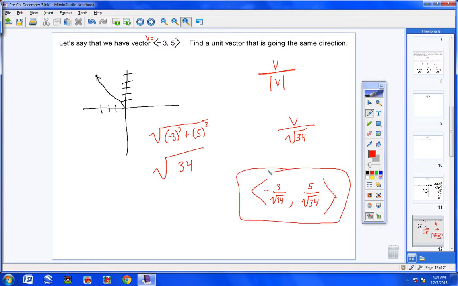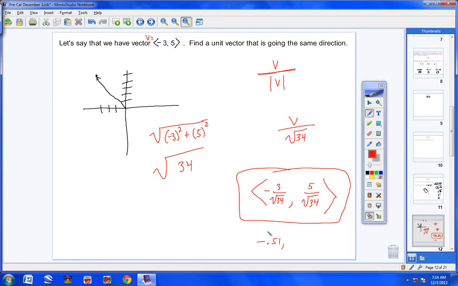So what you just found is you would go over, and I'm not sure what that decimal would be. Now you want to leave your answer like this, okay? But I'm just kind of curious what the decimal would be. -3 divided by the square root of 34 would be -0.51. Of course I rounded.